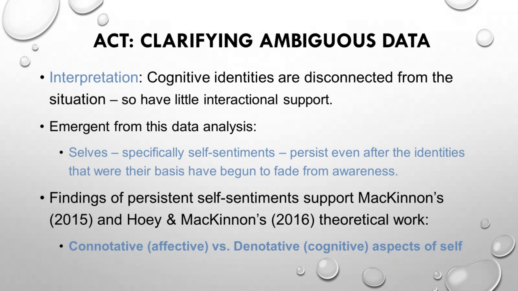These findings of persistent self-sentiments support Neil's 2015 book and the work that he and Jesse have been working on, that they presented at the Identity Conference in October, looking at what Jesse just talked about, this whole idea of connotative and denotative aspects of self, where in Alzheimer's, that piece is becoming disconnected.